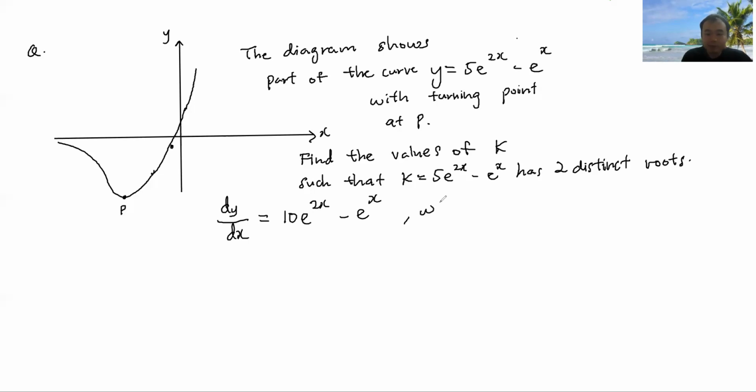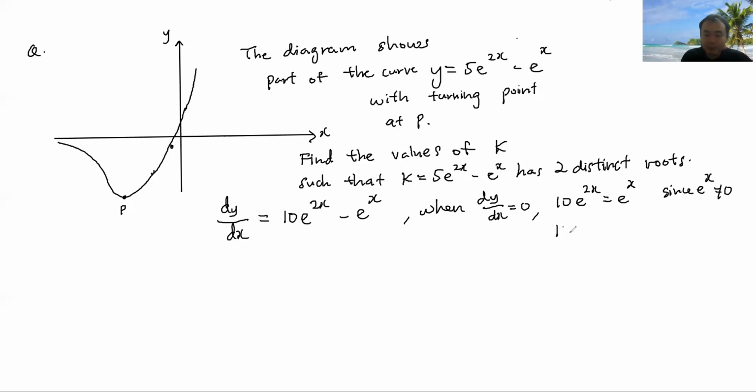When dy/dx is equal to 0, we have 10e^2x equals e^x. We know that e to the power of x cannot be 0, so we are safe to divide both sides by e to the power of x.